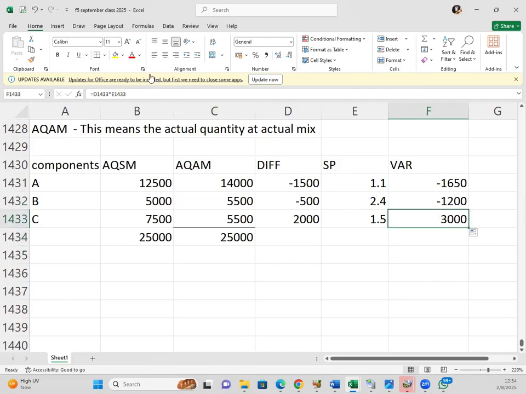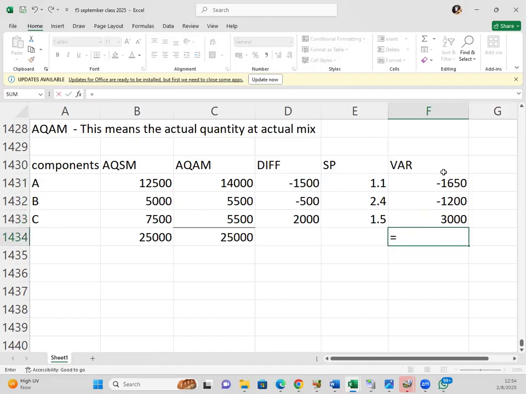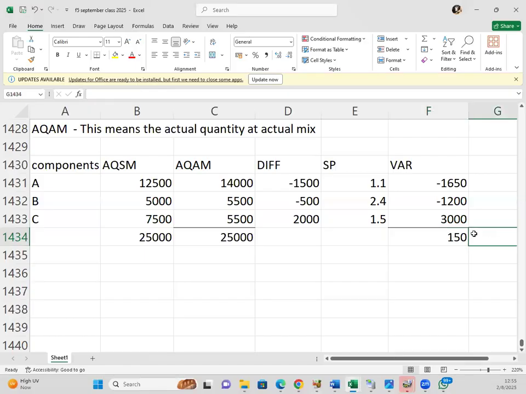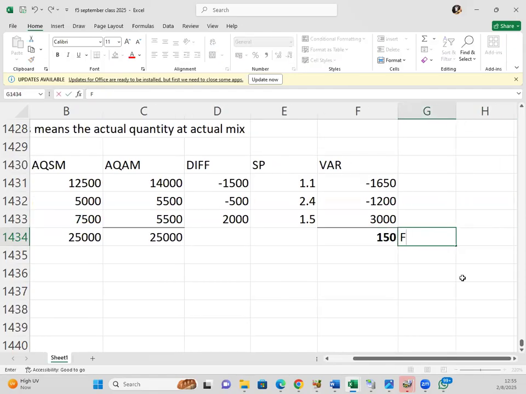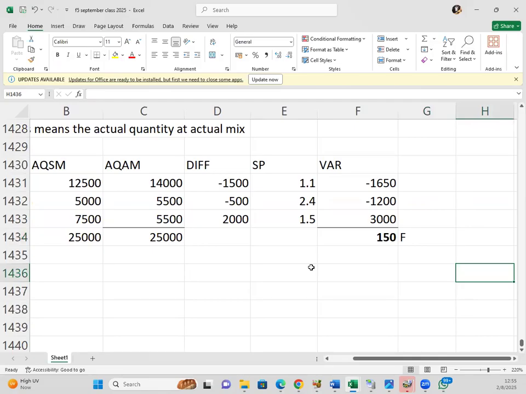Then the total variance, you sum this up. So it means overall, we have a material mix variance of 150, and if it's positive, it's favorable. So our material mix variance is 150 favorable.